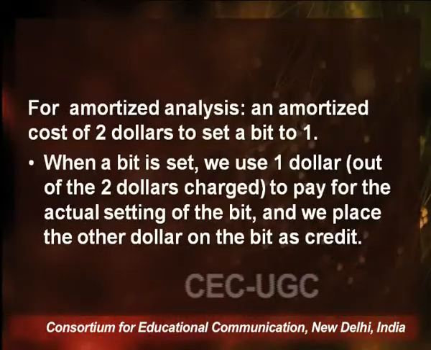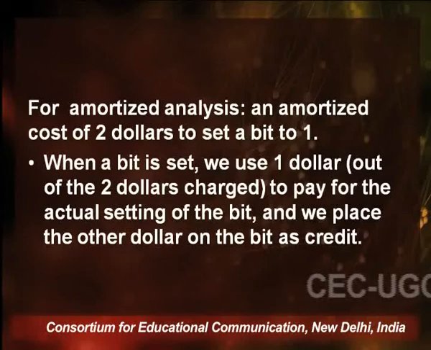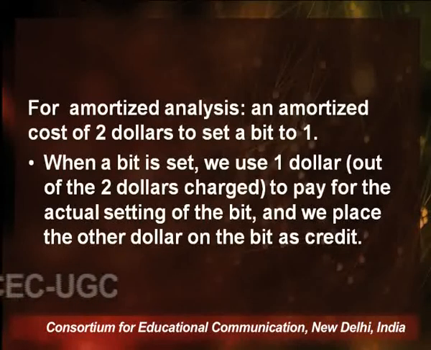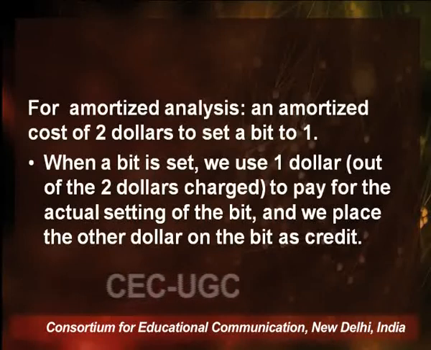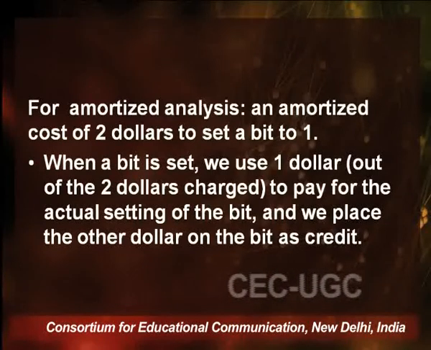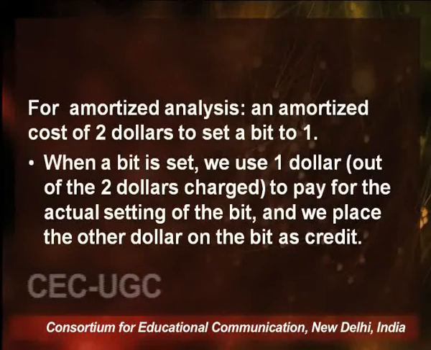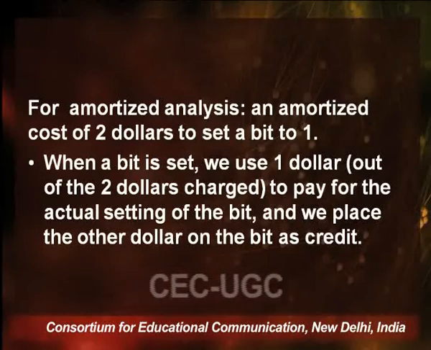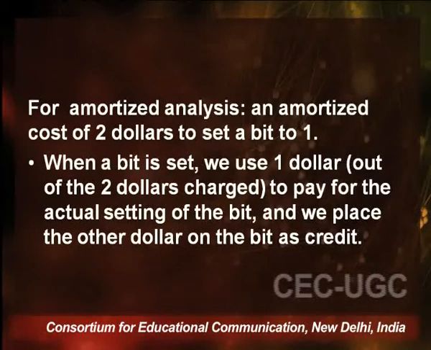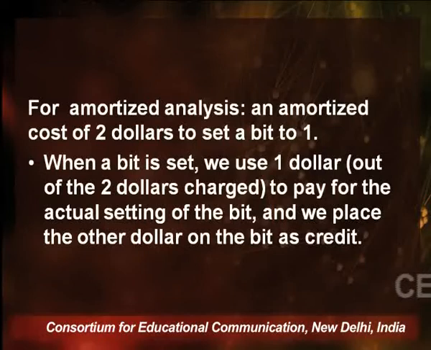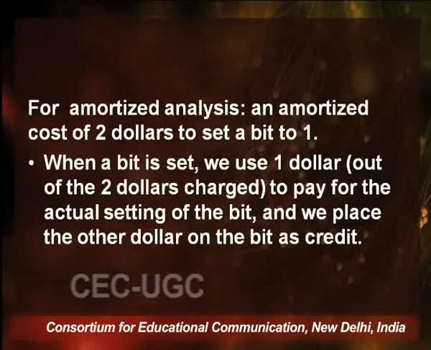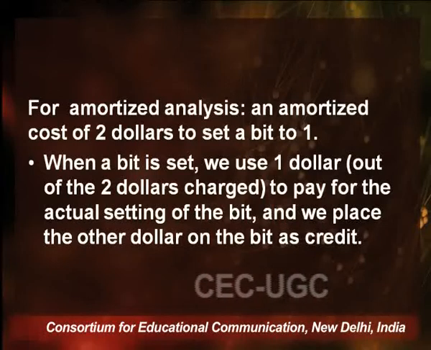An amortized cost of $2 is set for a bit being set to 1. So with every bit which equals 1, not the 0 bit, we associate a cost of $2.